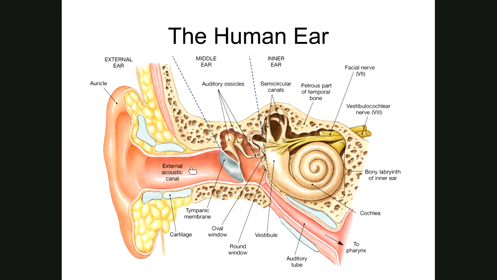The sound waves eventually cause a thin concave membrane called the tympanic membrane, T-Y-M-P-A-N-I-C, membrane, or eardrum, to vibrate back and forth. So the parts of the external ear are the auricle, the external auditory canal, and the tympanic membrane. Now, it said that the auricle captures sound waves and channels them into the external auditory canal.